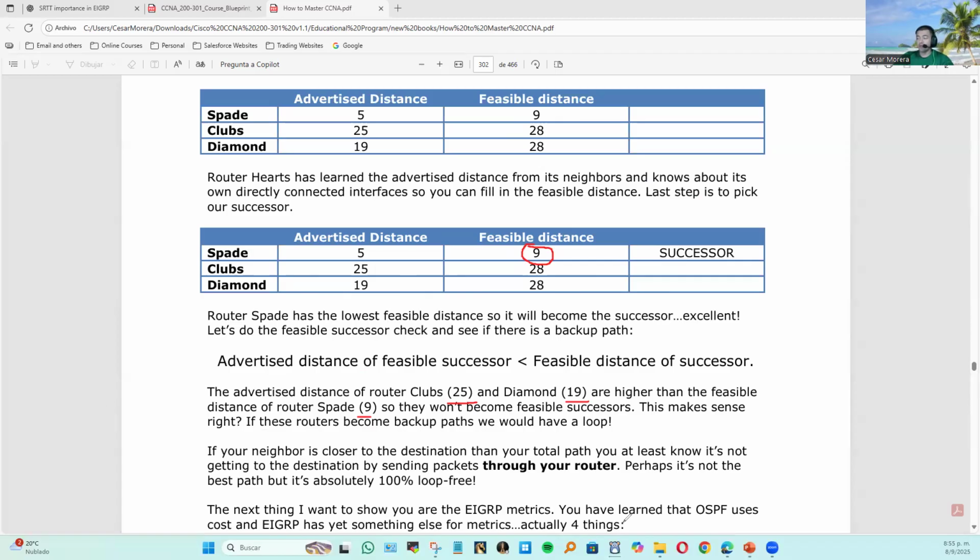If your neighbor is closer to the destination than your total path, you at least know it's not getting to the destination by sending packets through your router. Perhaps it is not the best path, but it's absolutely 100% loop free.